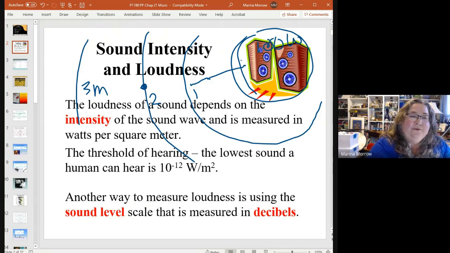So it would be 1/4 the energy at that location, and at 3 meters, it would be 1/9 the amount of energy. So 1 over the distance squared.